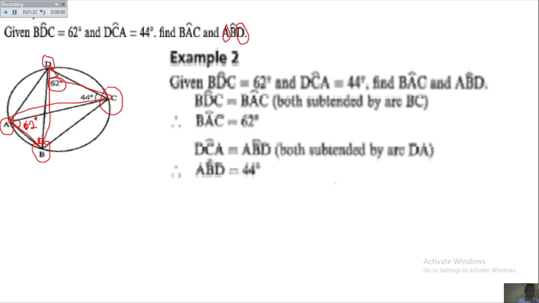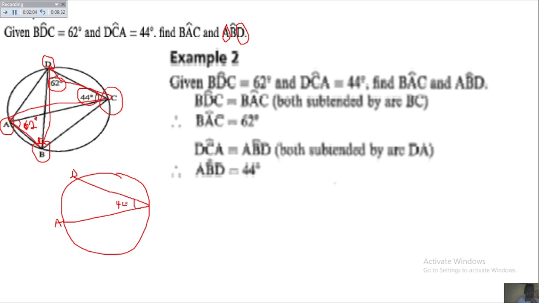Therefore, just look at this. This particular leg is suspending 44 as well. The two legs are suspending 44. Pick it like this: this A, this D, then this was 44.